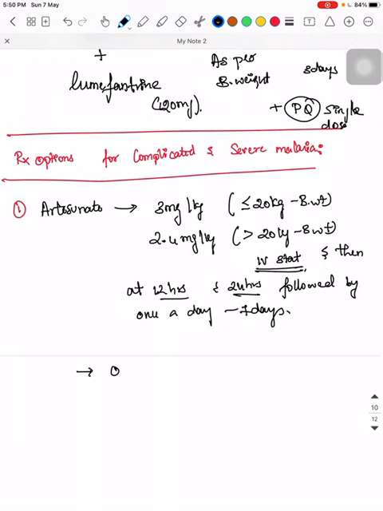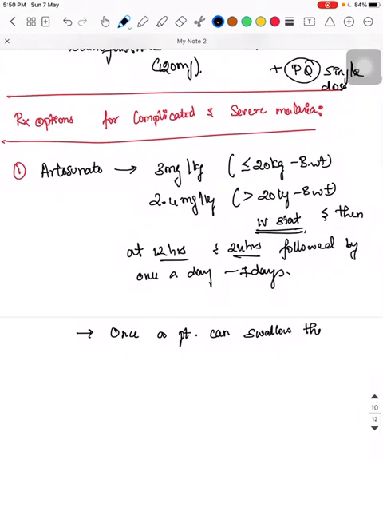Once the patient can swallow, the treatment is completed by giving a course of artesunate with sulfadoxine and pyrimethamine as an oral dose. Even when the patient is able to swallow in complicated and severe malaria, we give the starting dose of artesunate as IV only.